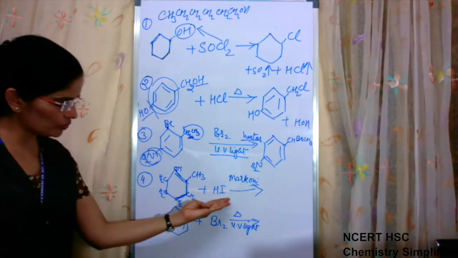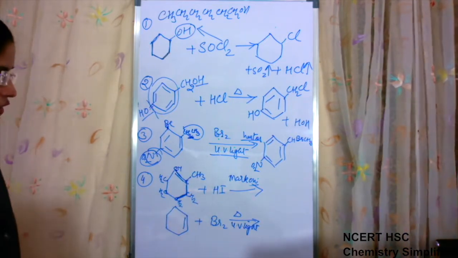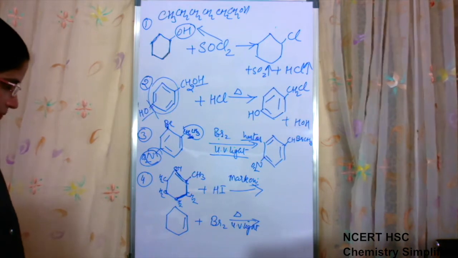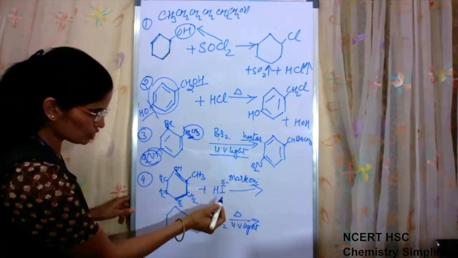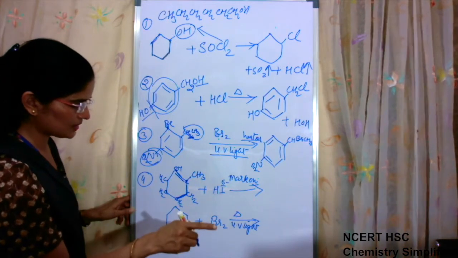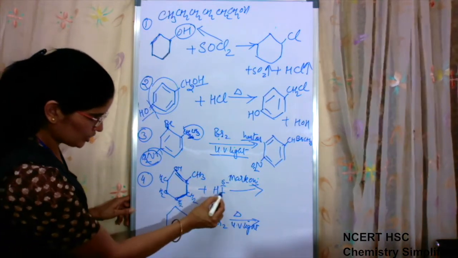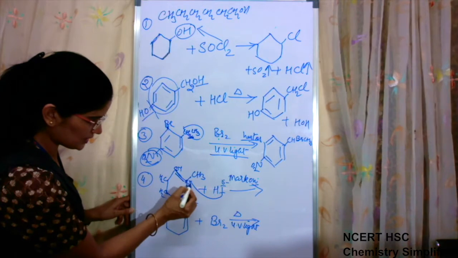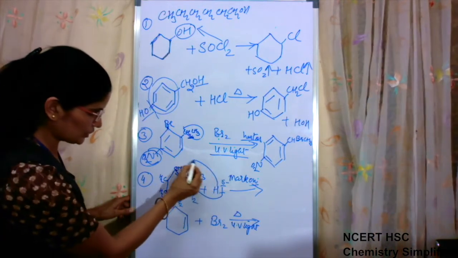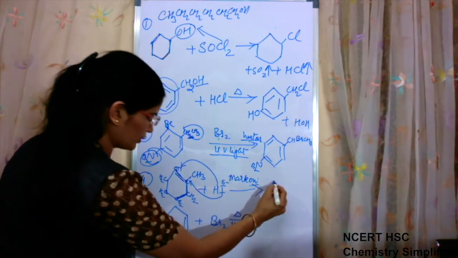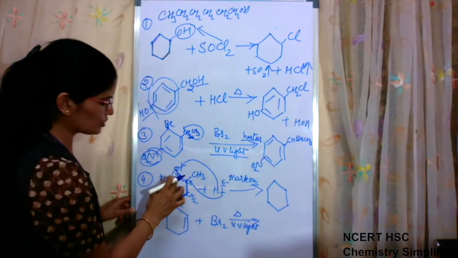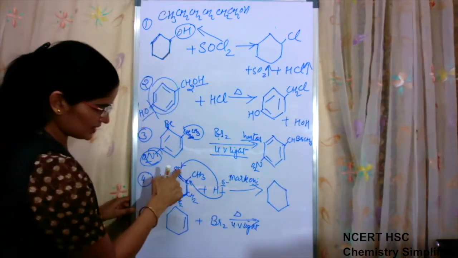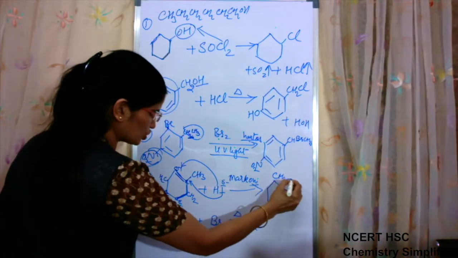Now we have to add HI according to Markovnikov rule. This is addition reaction. So according to Markovnikov rule, the negative part goes to that carbon atom which has less number of hydrogen atom. So this I will go to this C and this H will go to this, and the product will be, double bond will convert into single bond. इस corner पर CH था, it will convert into CH2.